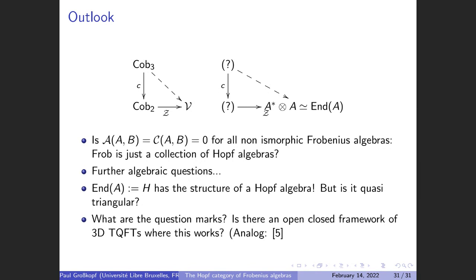We don't know if these are quasi-triangular, if these satisfy the extra conditions necessary to define 3-dimensional TQFTs. Another question is whether there is an analog of the work by Lauda and Pfeiffer, considering open and closed cobordisms in 3 dimensions, to make sure that this observation actually has a geometric foundation.